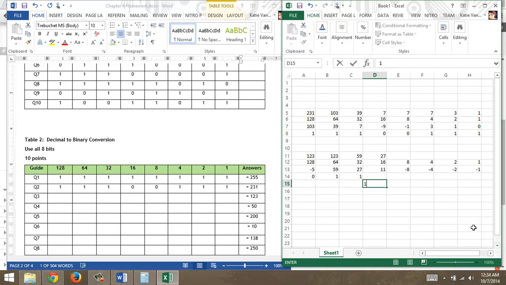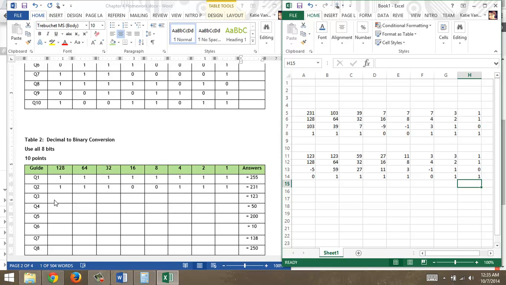I can, so that becomes a 1. And then I have 11. Can I do that? Yes. I have 3 left. Can I do that without going negative? No, so that becomes a 0. And then I have still 3 left. Could I do that without going negative? Yes, so that becomes a 1. And I have 1 left, so that becomes a 1 because it's not negative.